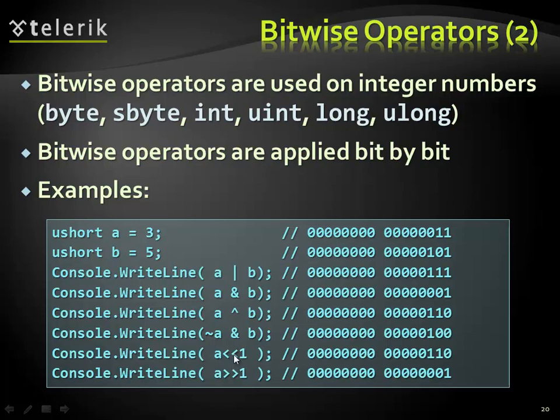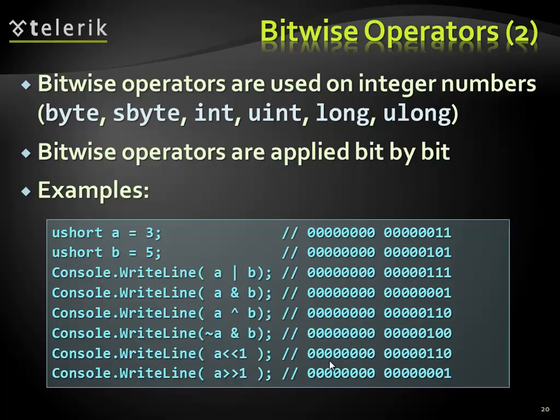And there are two other operations here which are specifically only for bitwise operations. Those are the two arrows to the right and two arrows to the left. And what they do is push the bit structure to the right or to the left according to the number that we are specifying here.